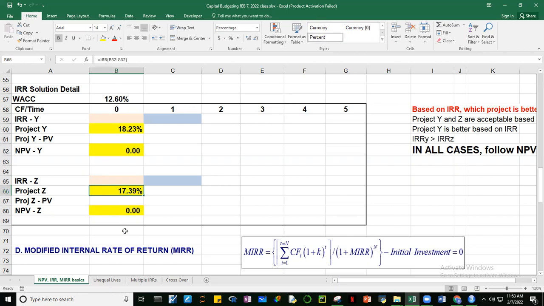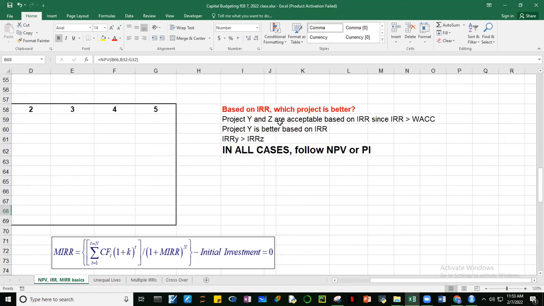Ang NPV ni Z at that level of rate is 0. Okay, so tama yung concept na the IRR is that rate of return where the net present value is equal to 0. Okay, so sabi natin dito, ang conclusion natin, based on IRR, which project is better? Both Project Y and Z are acceptable, no? Why?